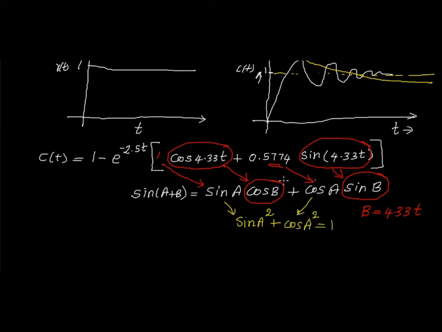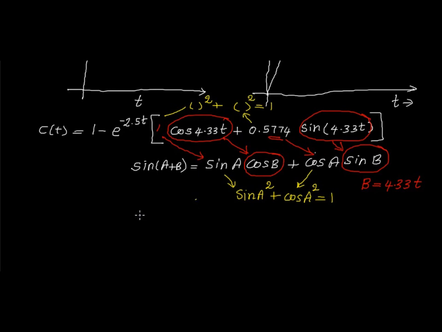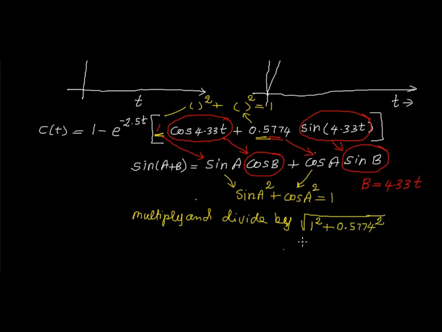Here we have sine a and cos a. If we find the square of these two values, we should get the value 1. Accordingly, we have to select the value of a in such a way that sine a square plus cos a square equal to 1. To get this value, we have to multiply and divide with this term, square root of 1 square plus 0.5774 square.